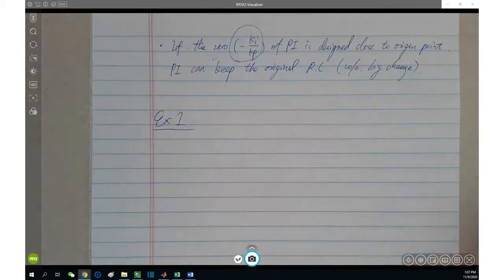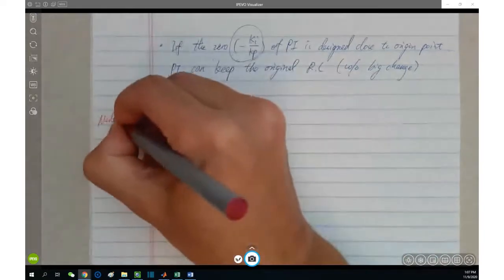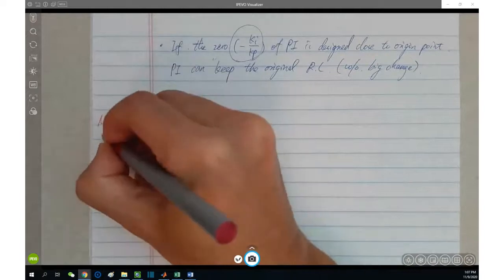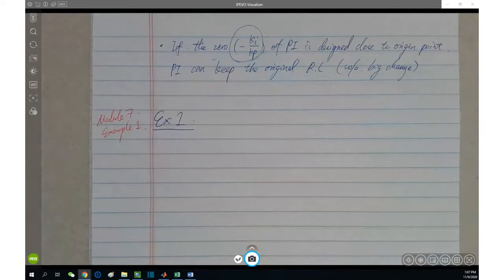The MATLAB code will be posted into Canvas after today's lecture, but during the lecture, you want to focus on listening and understanding how this procedure works. So this is module 7, example 1. Very important.